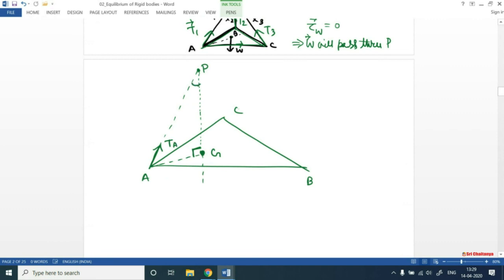Let's say this angle is theta. There would be two components of this TA, obviously one horizontal and the other vertical.